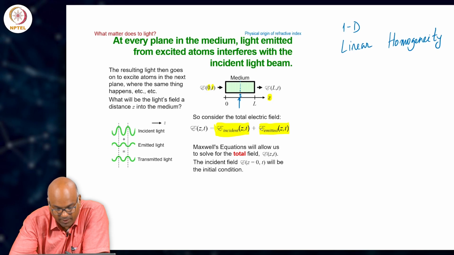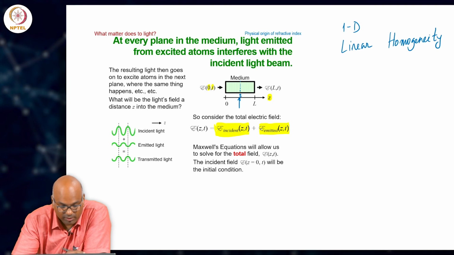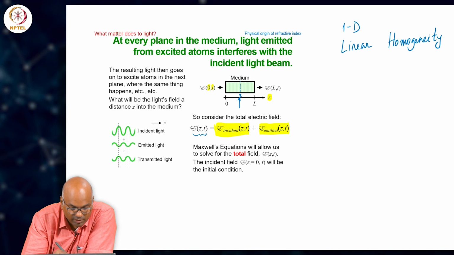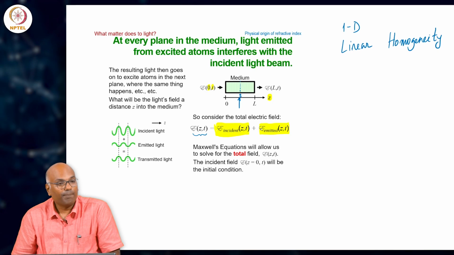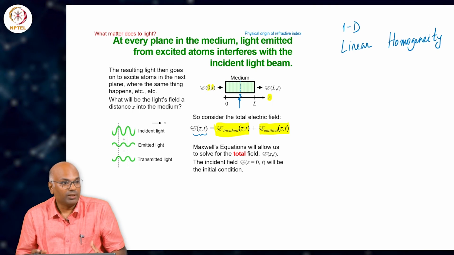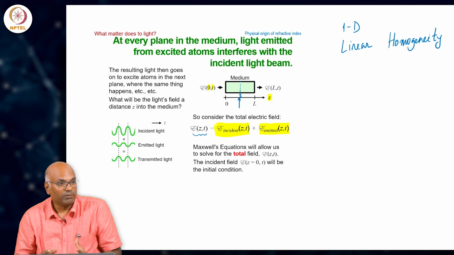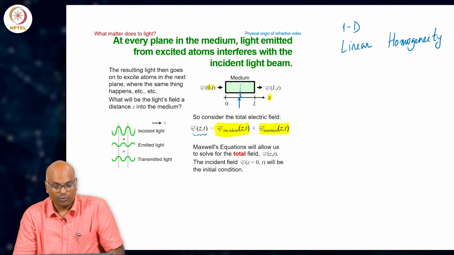All right. So, Maxwell's equations will allow us to solve for the total field, which is on the left side, E of z, t. They are differential equations. We need to know the initial condition well in order to solve them and propagate the wave forward in time, and in this case in space too.